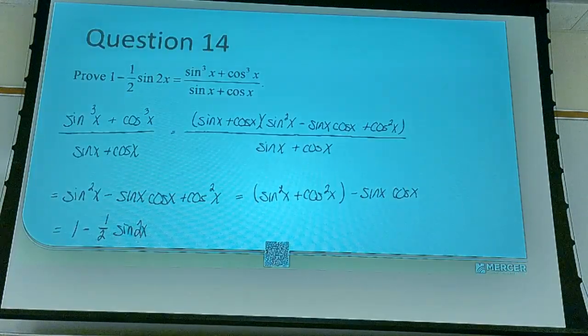Sine x cosine x would have to be a half sine 2x, which is what we wanted.